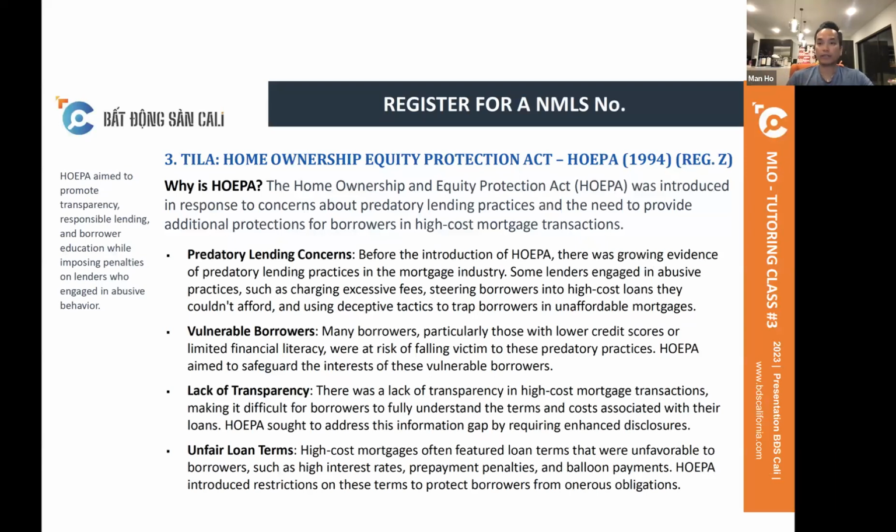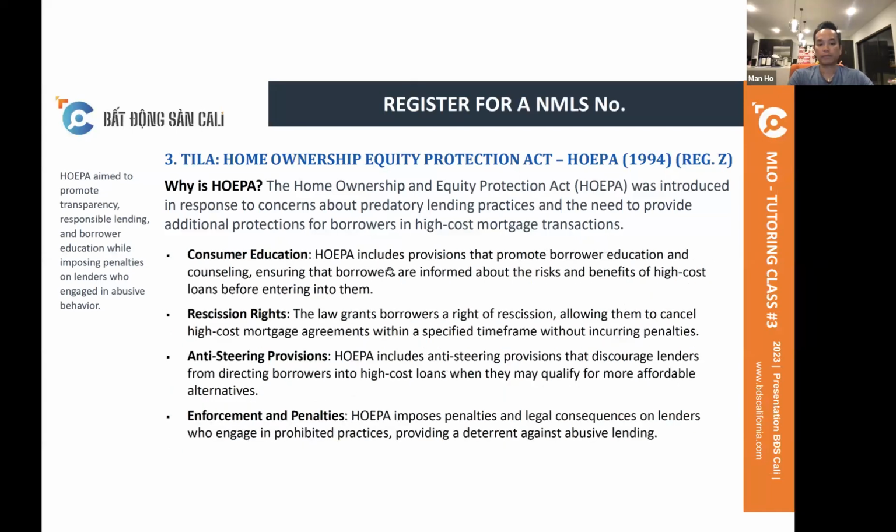Again, against the lack of transparency, where you don't disclose enough, and against unfair loan terms. Lenders like giving unfair loan terms, high price loans, high cost loans. So HOEPA is there to protect the consumer, and to educate the consumer, and give the consumer the rescission right to back out.